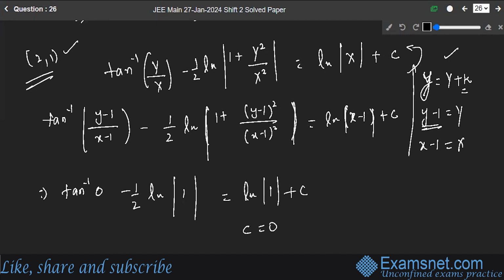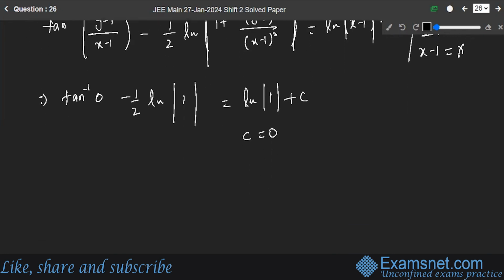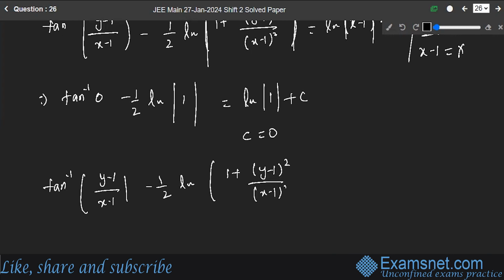So now this equation becomes tangent inverse of (y minus 1) upon (x minus 1) minus half log of this is equal to log of (x minus 1).